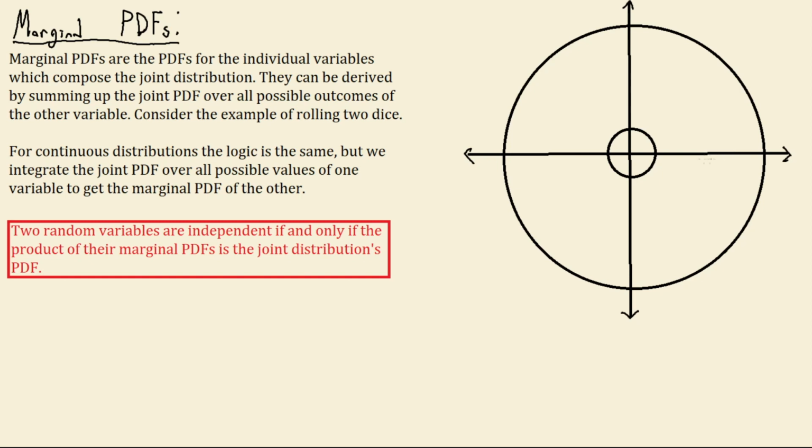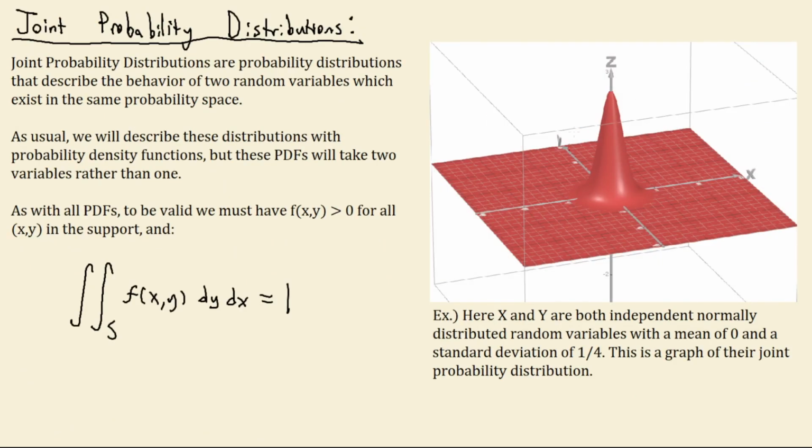And what we came up with was actually a joint distribution for x and y, where x and y were both normally distributed. And so that is actually similar to what we see here. The only difference is this has a standard deviation of 1/4. And as you increase the standard deviation, this spreads out the data.